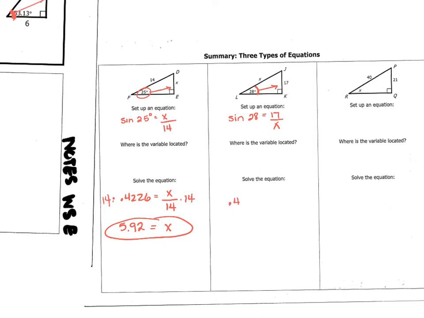It's 0.4695 equals 17 over x. This time I'm going to want to multiply both sides by x. So I have 0.4695 x equals 17, and then I'll divide 17 by 0.4695. This time I have x equals 36.21.